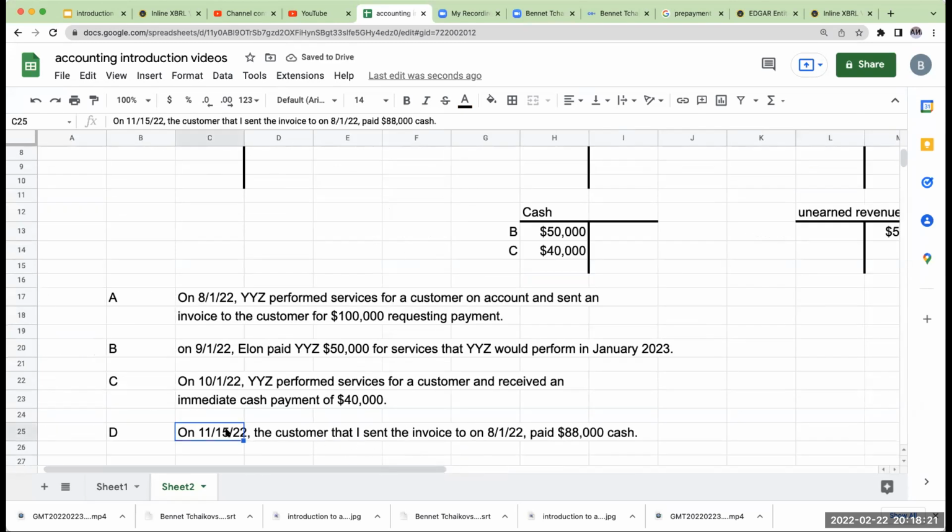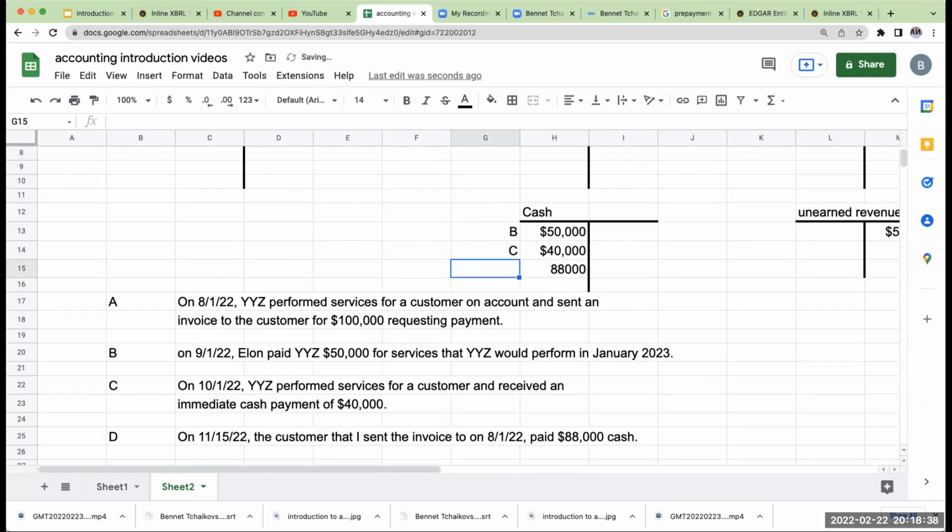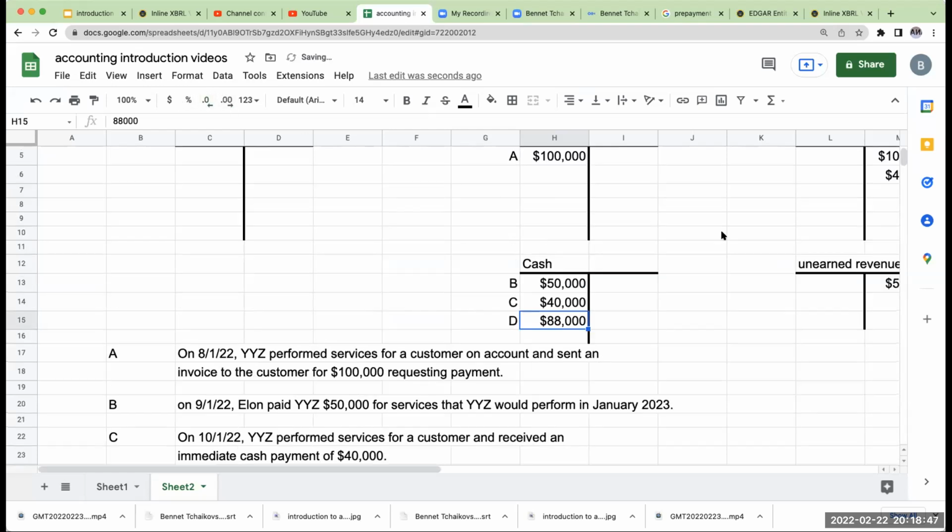The customer that I sent the invoice to back on August 1st is now paying me money. Let's think about it. Okay, for this one right over here, if I'm receiving money from this customer, what am I getting? Well, I'm getting cash. Am I going to turn it down? Absolutely not. But when I come over here, do I recognize revenue? The answer is no. How much did the customer owe me from before?